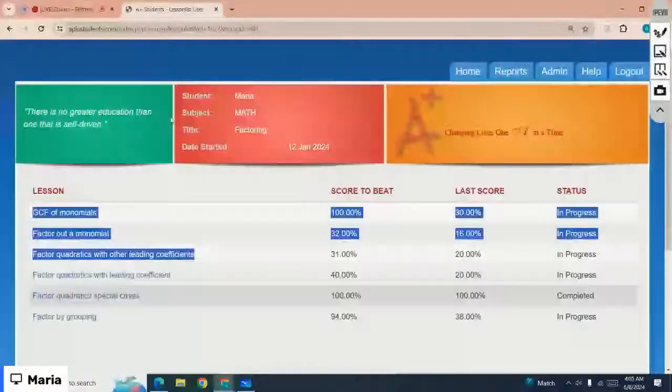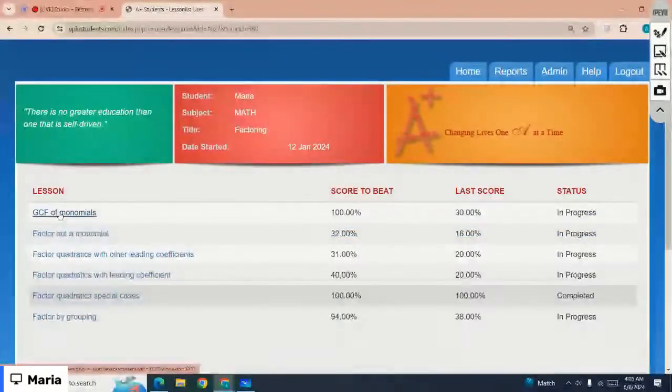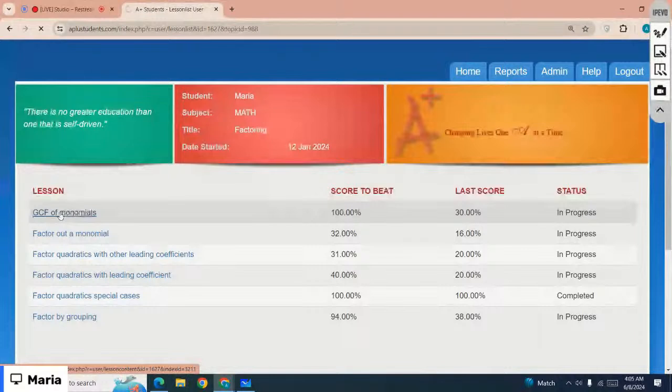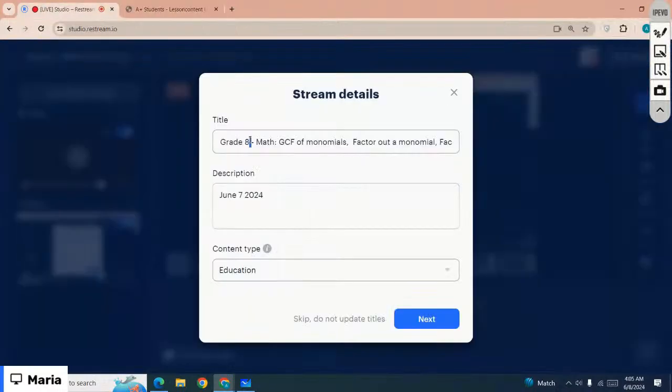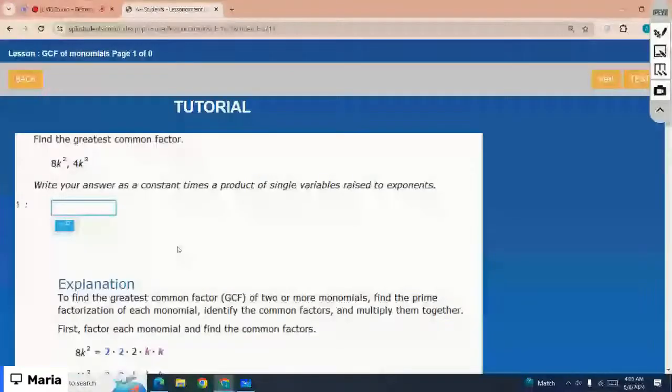Lesson that is GCF of monomials. Okay. 8k square and 4k.